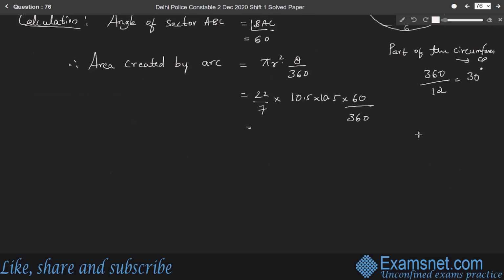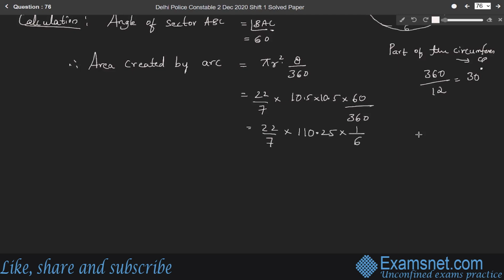Simplify it. 60 by 360 is 1 by 6. 22 by 7 into 10.5 into 10.5, which is 110.25, into 1 by 6.